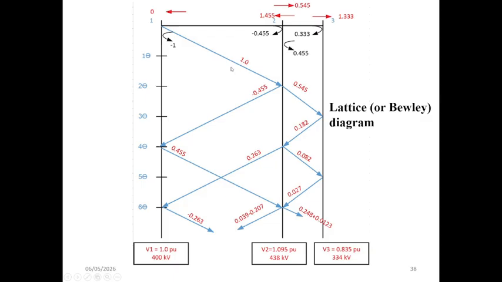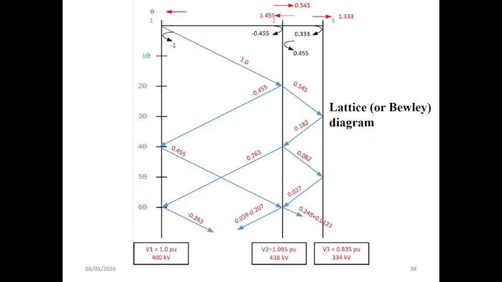When it reaches the first discontinuity, bus 2, part of the wave is reflected with a coefficient of minus 0.455, indicating polarity reversal, so it comes back to bus 1, and the remaining portion is transmitted forward with a coefficient of 0.545.